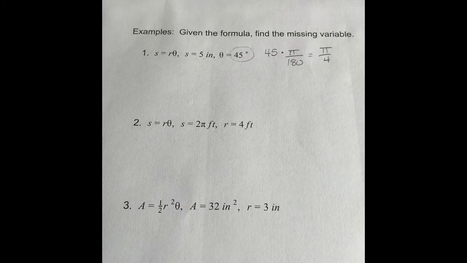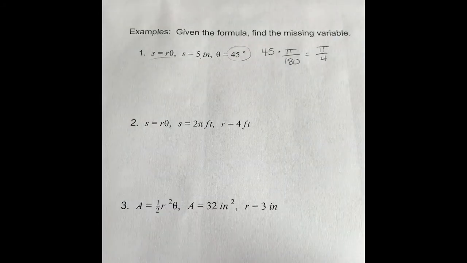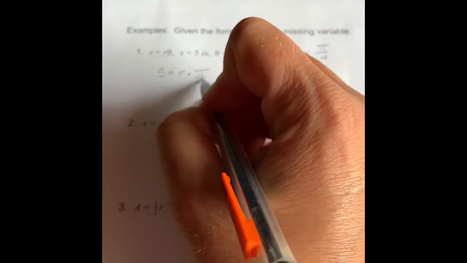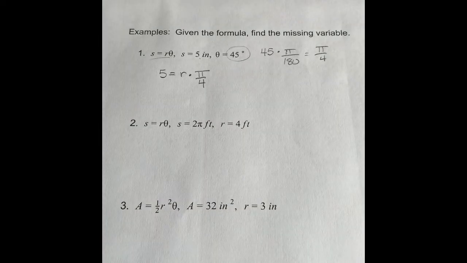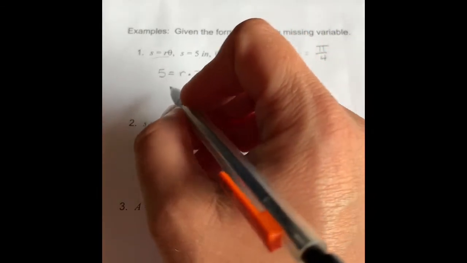What we don't have is the radius, the r, so obviously that's what we're trying to find. If we plug into this formula right here, our S is 5, we're looking for r, and our central angle is pi over 4. Again, in order to move a fraction, we've got to multiply by the reciprocal.